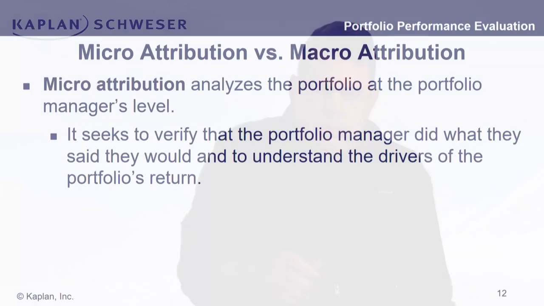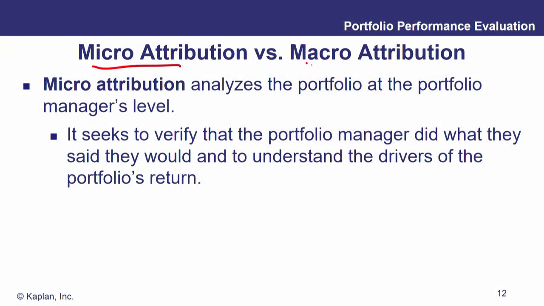Okay, so let's talk about micro versus macro. The easiest way to think about this, I want you to think micro is going to be at the portfolio manager level, and macro is conducted at the sponsor level. Now, this is probably the easiest way, and it's probably generalizing it a little too much, but I think it gives you a good perspective on who are we talking about here.